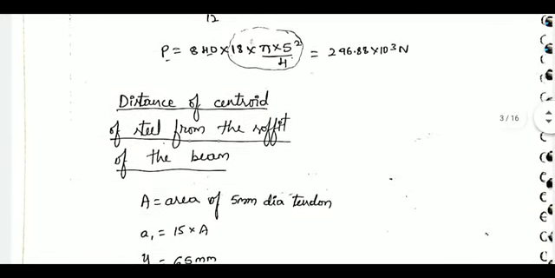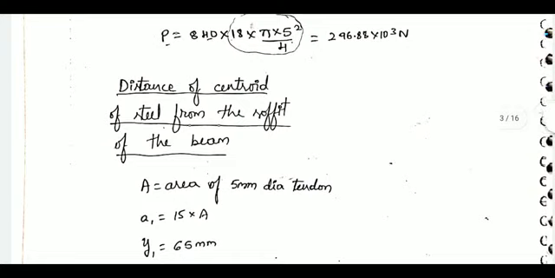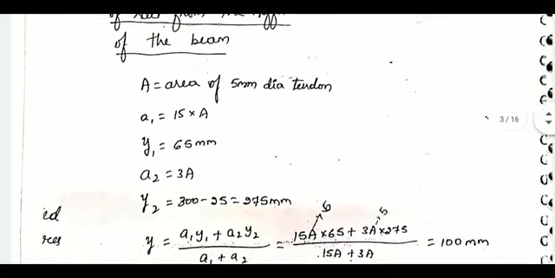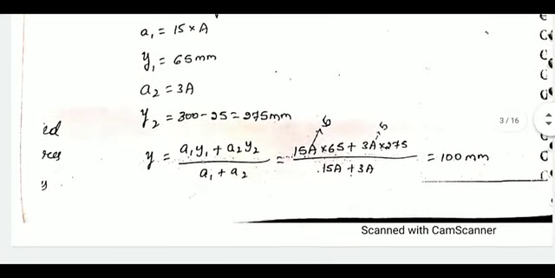So here, the distance of the centroid of steel from the soffit of the beam: first we need to calculate the distance of the centroid from the soffit, which is nothing but the bottom of the beam, and that value we obtain is 100 mm.